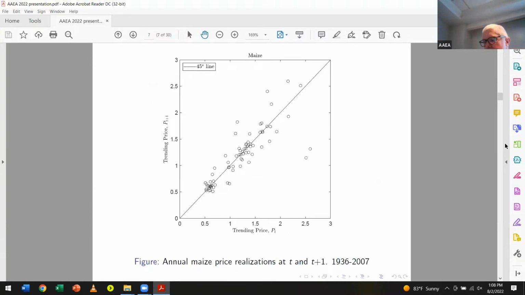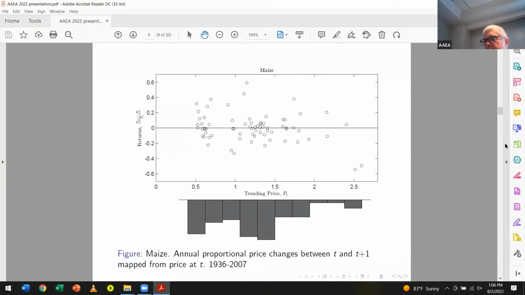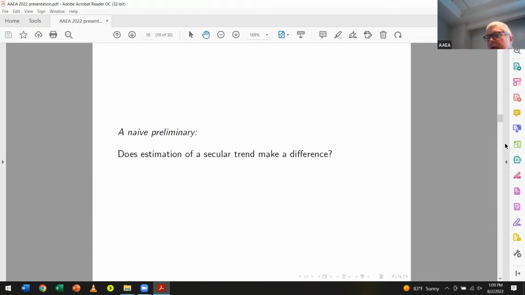Now what about maize? Maize, that's the same story. Variation, positive, negative. On average, it is about 0. Now, a preliminary step, a naive preliminary step.